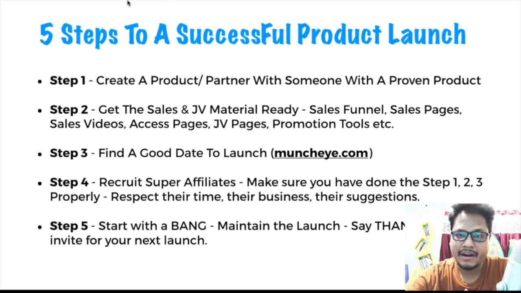Like if there are huge launches from reputable product creators who consistently do $100,000, $200,000 launches, and you are going to launch on the same day, it's going to affect you a lot. So you need to find a good date where there are not a lot of big launches, and where you can get the most affiliate traction.